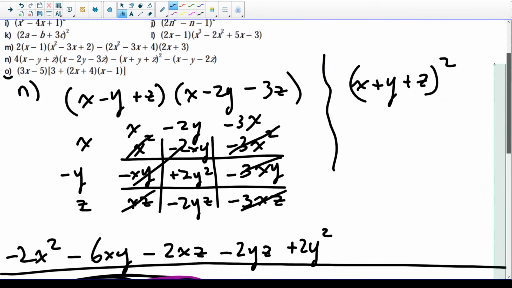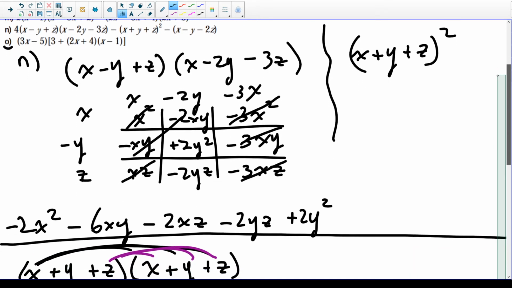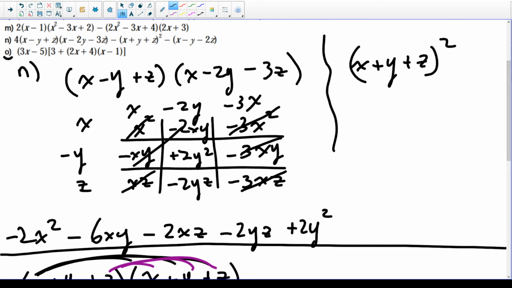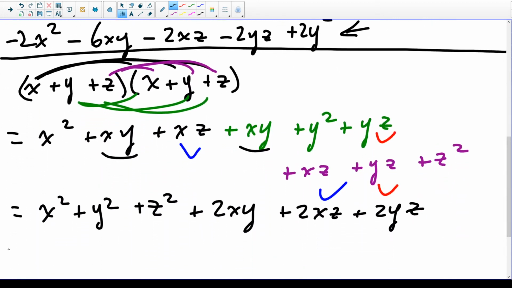Now we've got to combine them all together. So we've got 4 times the first one. So this is the first one right here. So I'm just going to multiply all of that by 4 and write them all out. Okay.